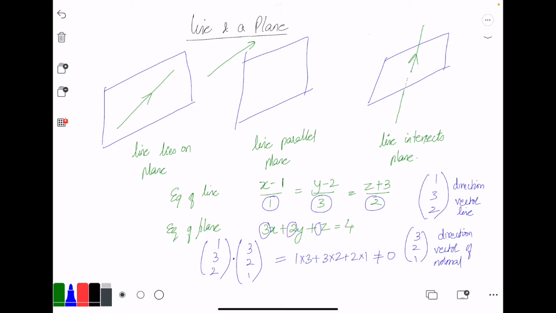Since it is not equal to 0, the normal vector of the plane is not perpendicular. You can see that the normal vector is not perpendicular to the line. Hence, they intersect.